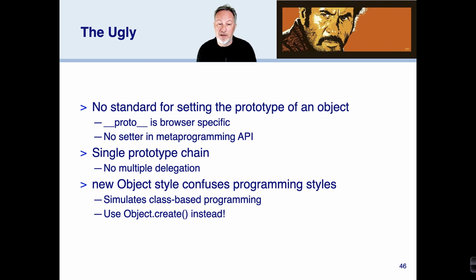Another problematic issue is you can only have a single chain of prototypes, so that gives you the same restrictions that you have in single inheritance languages, and that sometimes makes it hard to model the behavior that you want. So there's no multiple delegation. Instead, the only thing that you can do is if you want to inherit, if you will, or delegate to multiple prototypes, you can only delegate along one chain, and you will instead have to copy in the other features that you want from another location.